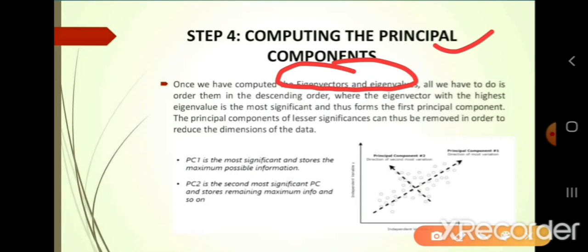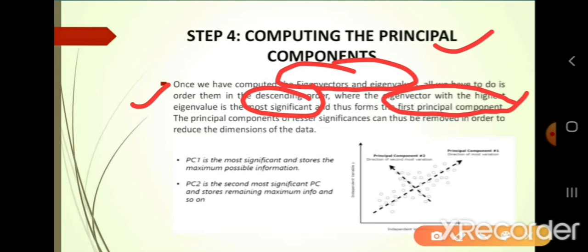The eigenvector with the highest eigenvalue will be the most significant one, and this will be called the first principal component. The less significant principal components can be removed in order to reduce the dimension.